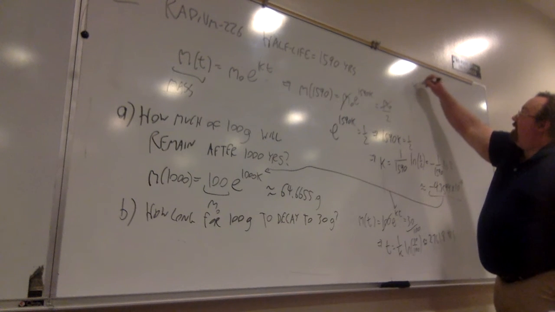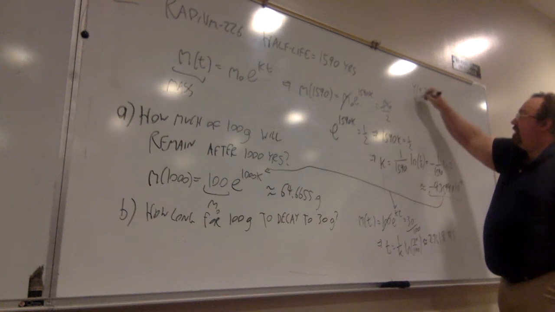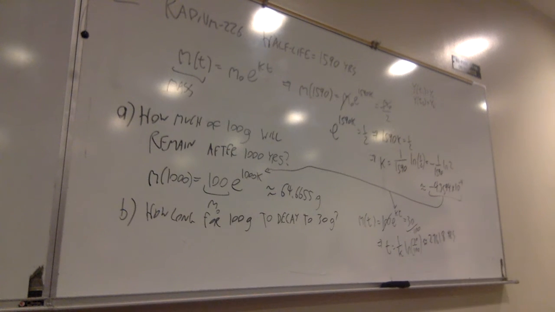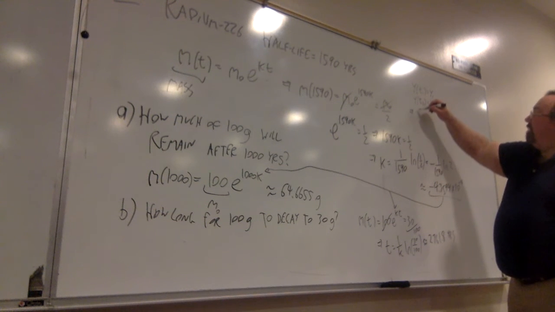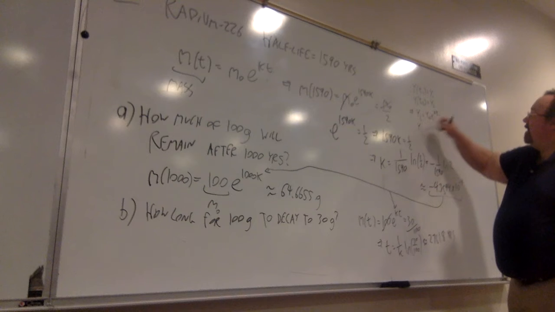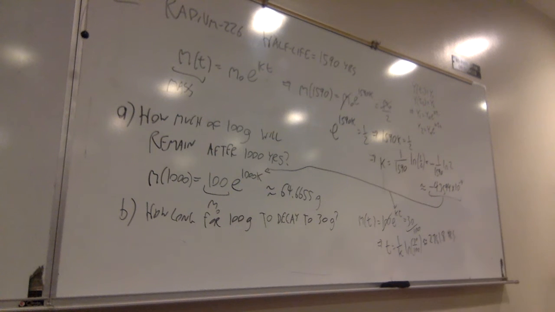So in general, if y of t1 is given to be y1, which may be an initial condition, y of t2 is equal to y2. Then you have y1 is y naught e to the kt1. Oh, sorry, that's y1. y2 is y naught e to the kt2.